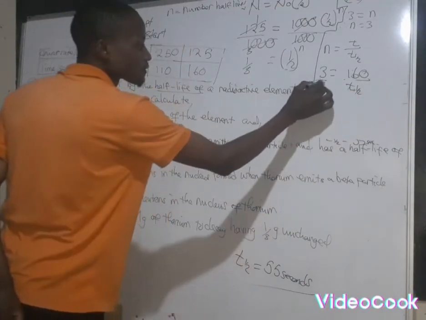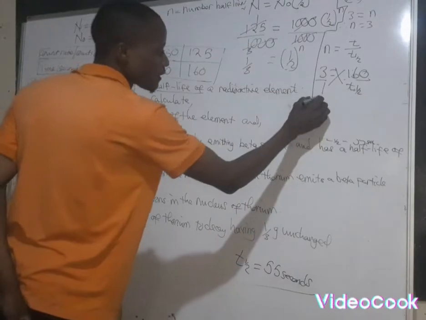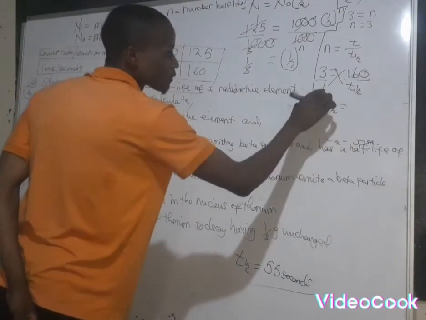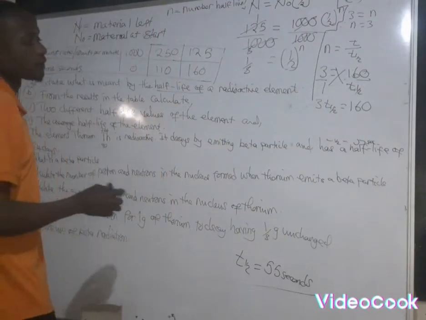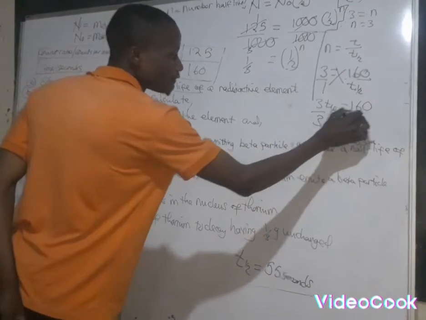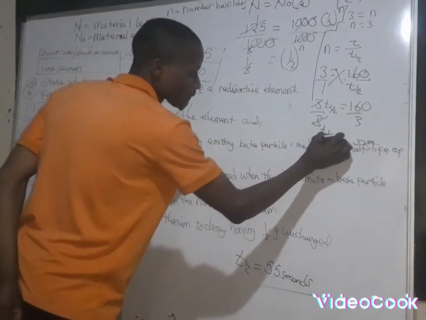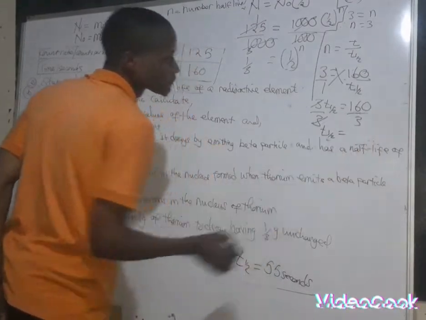Then you raise this as a fraction and cross multiply. 3 times half-life, you have 3 half-life, which is equal to 1 times 160, that is 160 itself. And you divide by 3.